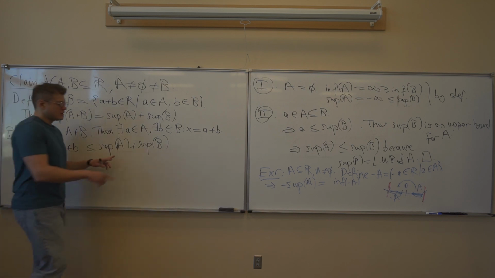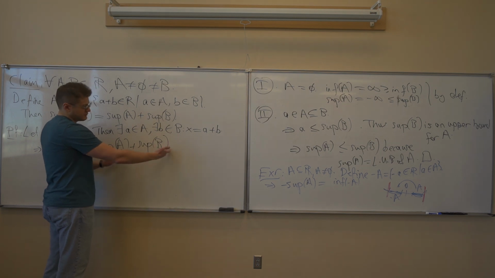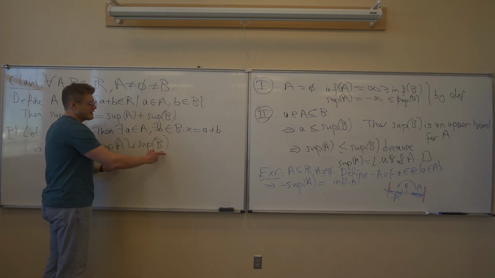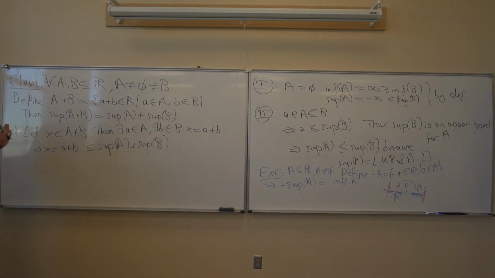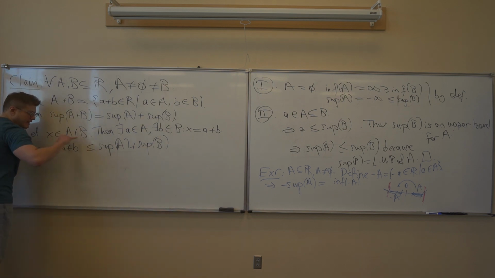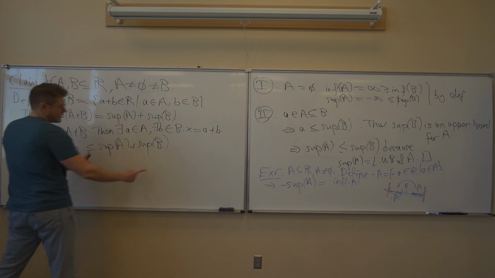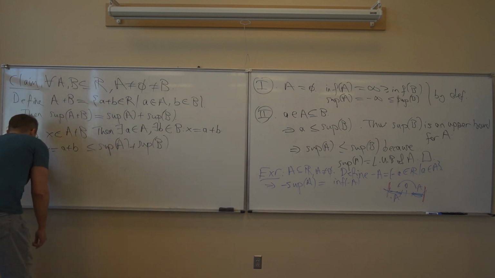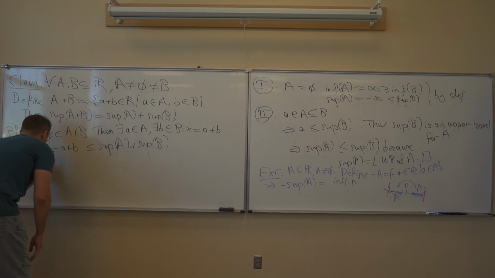I should say, either both of them are unbounded, in which case this is positive infinity, and so on, or they're both bounded from above, in which case this is a positive number, and so on. You can keep going like this, but it's clear what I'm trying to do here. In any event, any point in A plus B is bounded by this guy, while certainly the sup of this has to be bounded by this also, because sup of A plus B is the best upper bound.